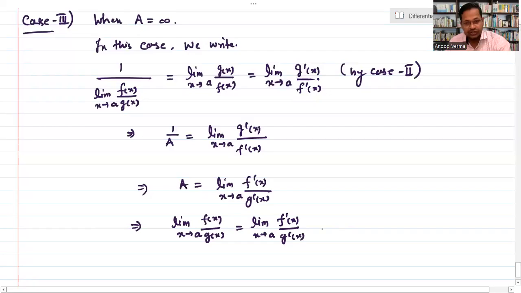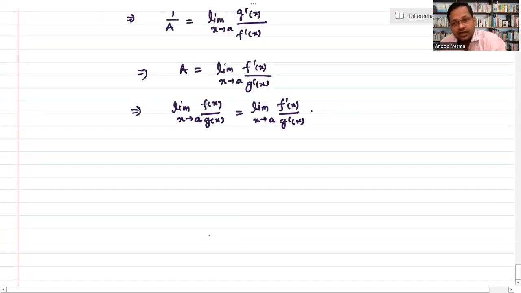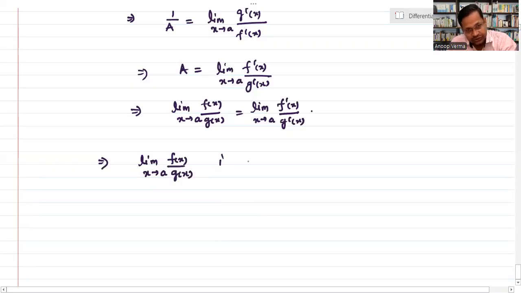Okay, so this is done. In each and every case, we can say if the limit is of the form infinity upon infinity, you can also apply the derivative. So this implies if this limit x tending to a of f(x) upon g(x) is of the form infinity upon infinity, we can apply this rule.